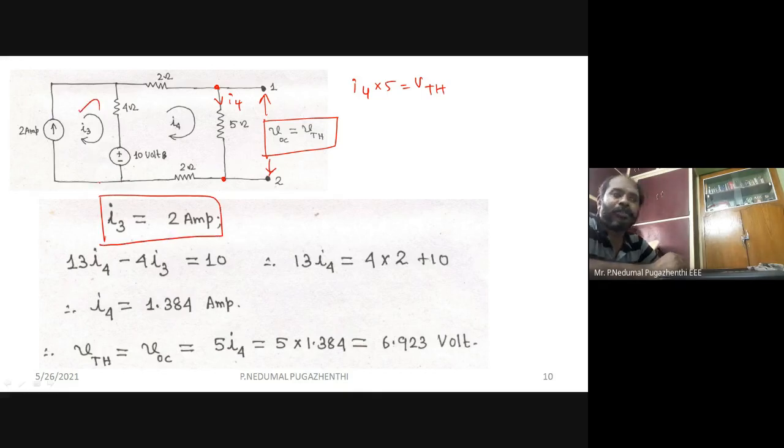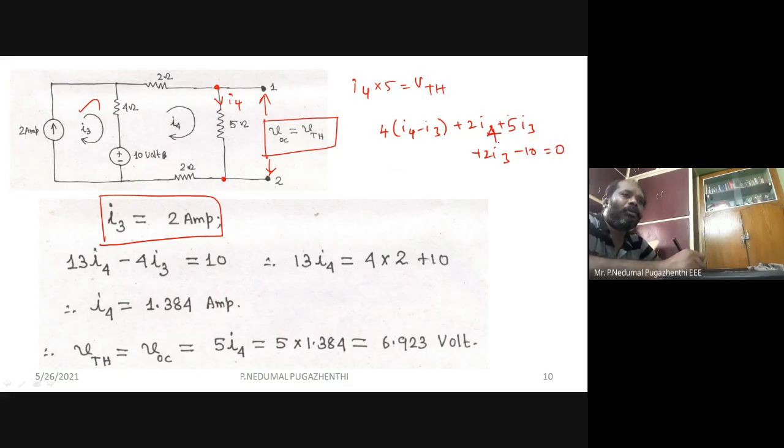From the second mesh, what I can write? I will write it like 4 into (I4 minus I3) plus 2 into I4 plus 5 into I4 plus 2 into I4 minus 10 is equal to 0. Sorry, I4. So what I will get?